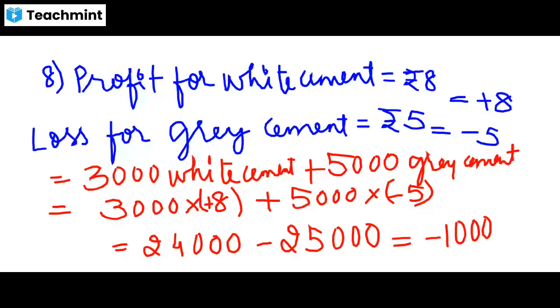B question, what is given in this? This is the number of white cement bags it must sell to have neither profit nor loss if the number of grey bags sold is 6,400 bags. Now you should find the number of white cement bags to be sold.